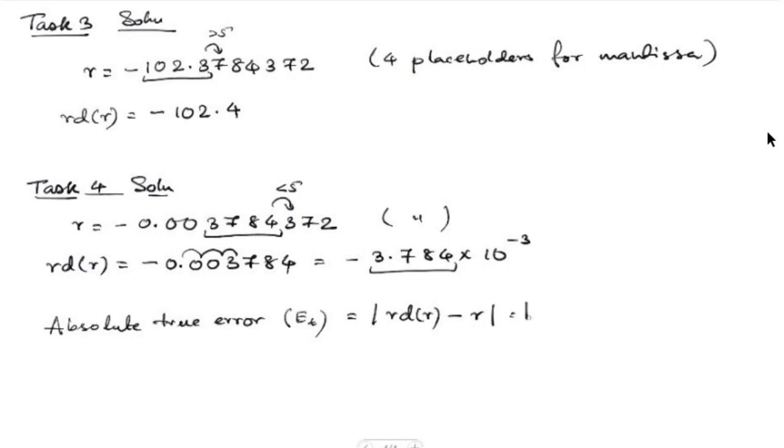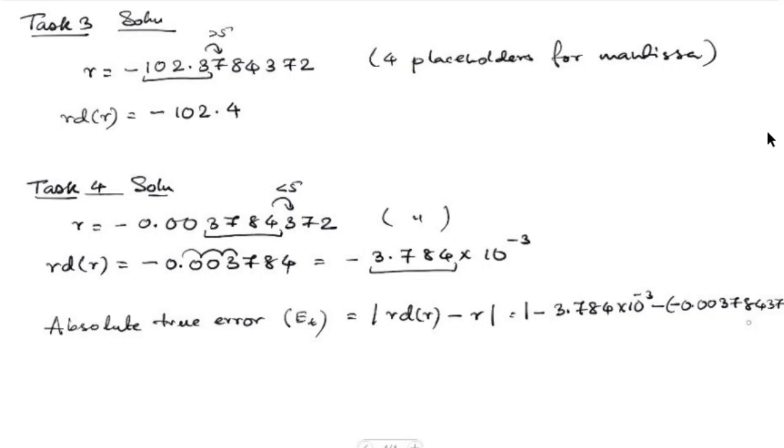So here we take the absolute value of the rounded value of r, which is minus 3.784 times 10 to the power minus 3, minus the original or true value, which is 0.003784372.